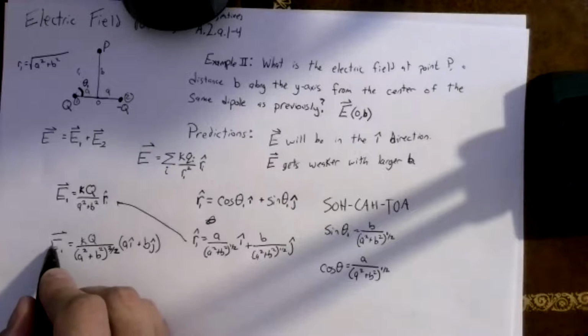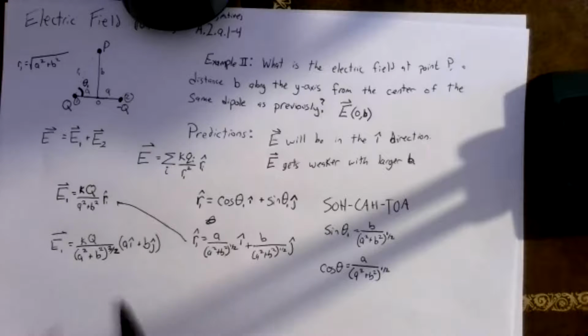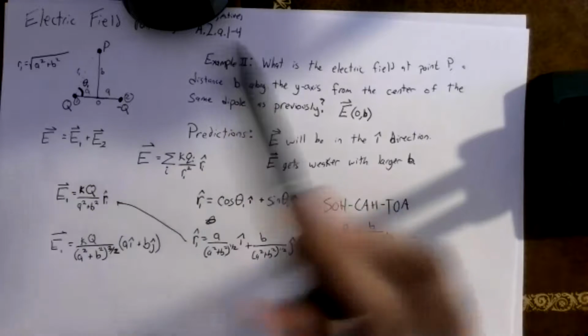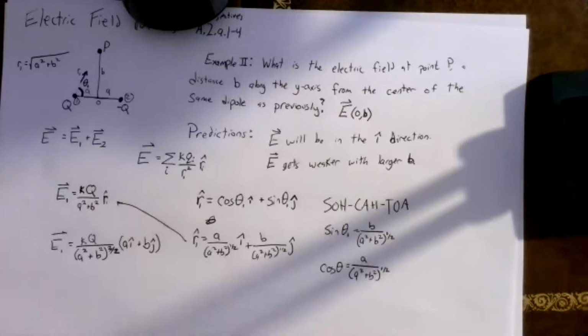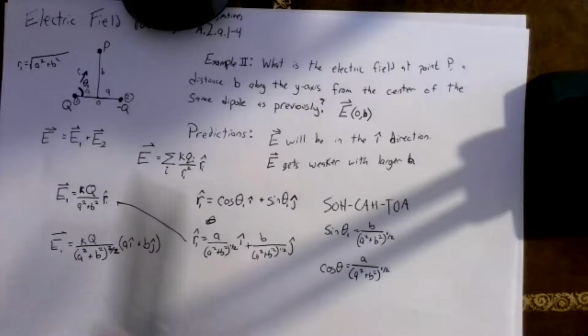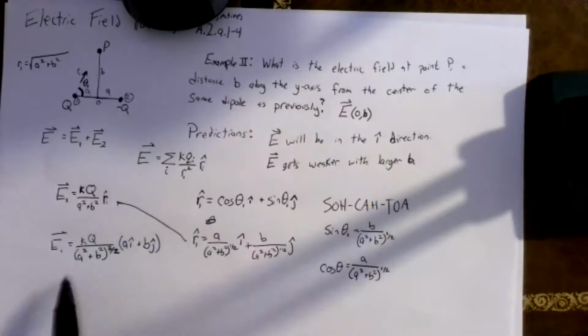All right. So we've done the work now of figuring out what that R hat vector really is, basically what's this direction. We figured out what the distances are, and we plugged it in. So we've got our E1 vector.